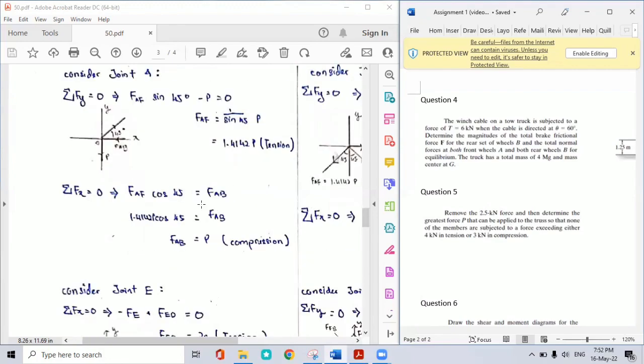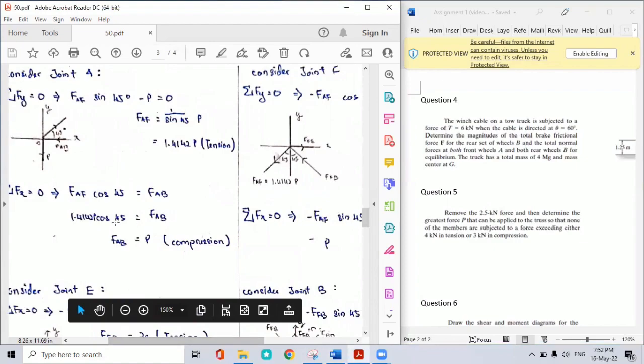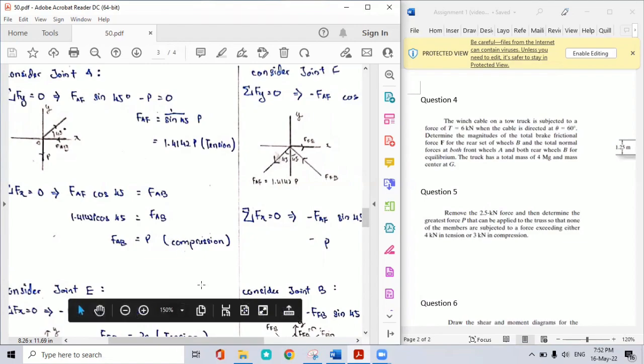Because here we substitute this FAF, 1.4142, into cos 45, and 1.4142 multiplied by cos 45 is equal to 1, and then 1 multiplied by P is equal to P. Therefore, our force along AB will be equal to P.